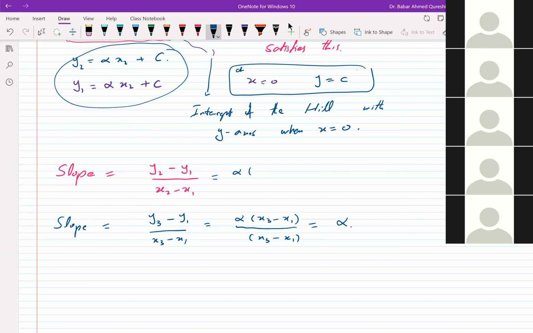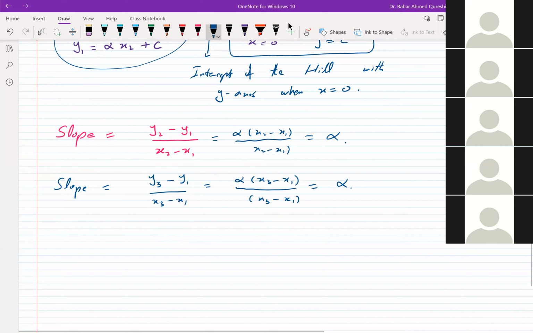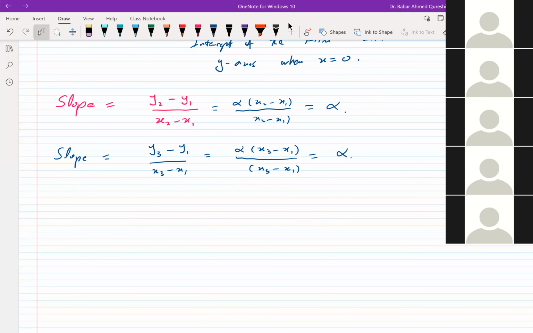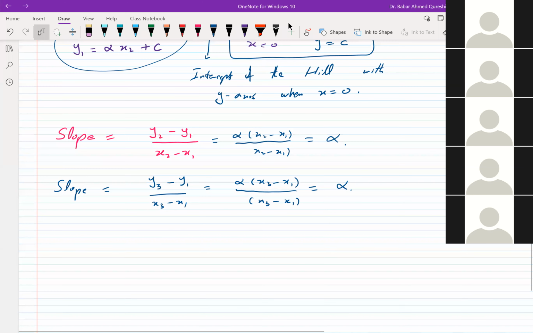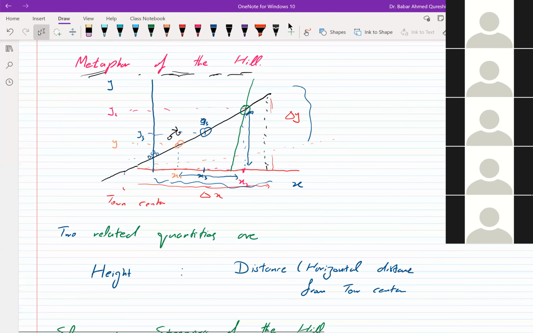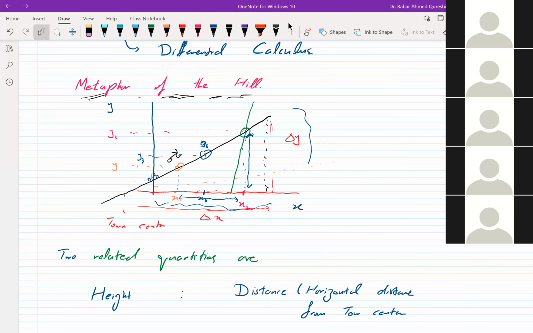And over here also, because all these points satisfy this equation, I'll get alpha. So you can compute the slope using any 2 points. You always get the same answer, which is intuitive because this hill is rising, as you can see from this picture, at the same rate.